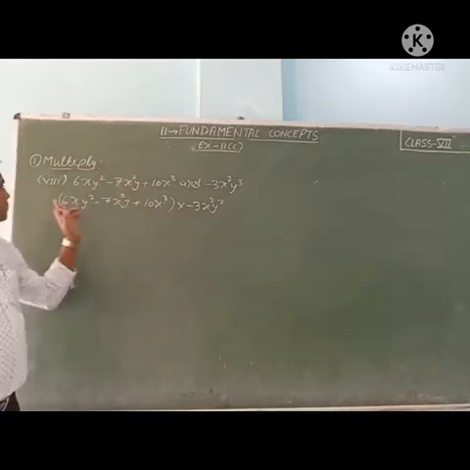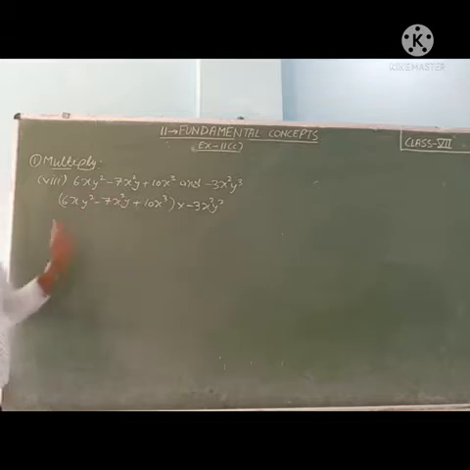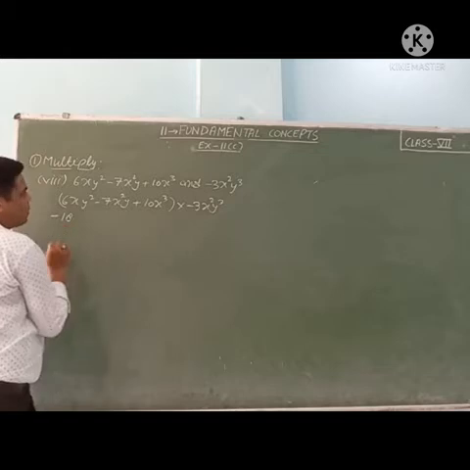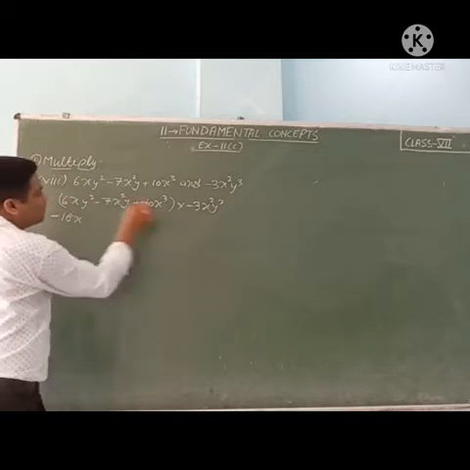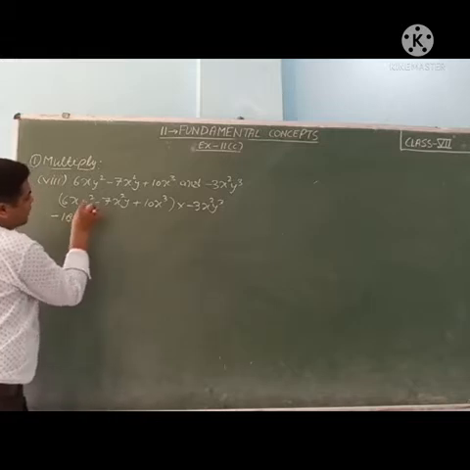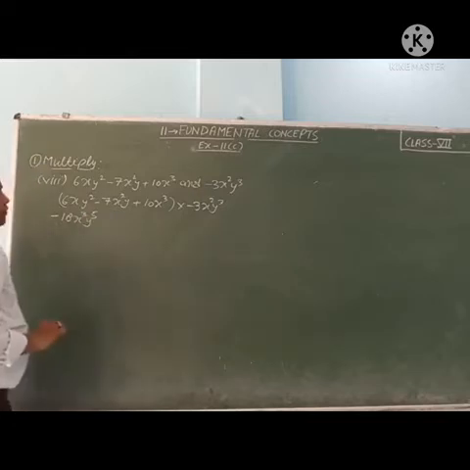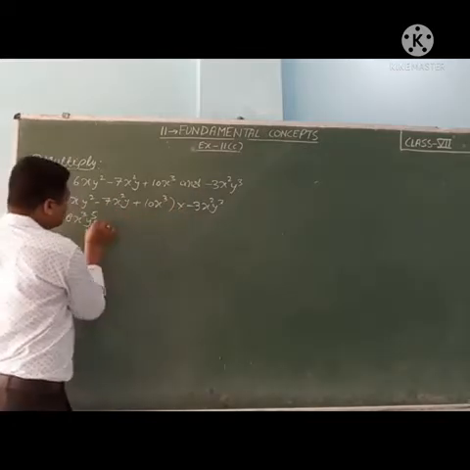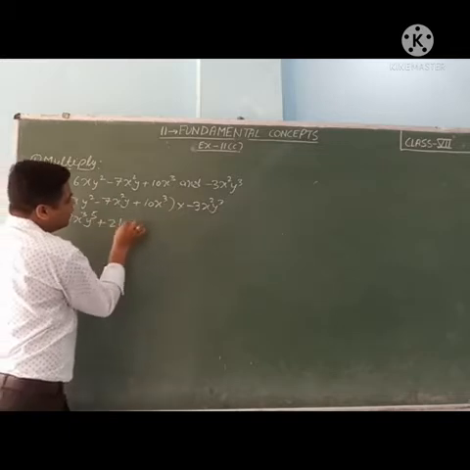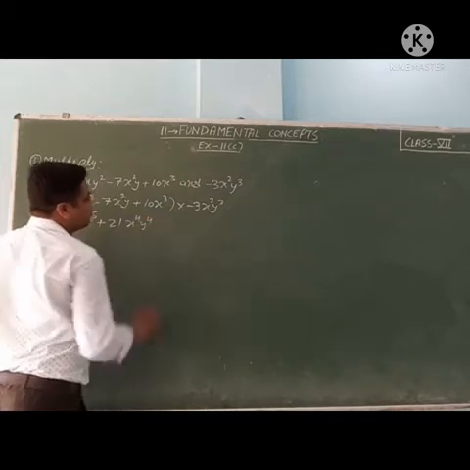So minus times plus, because 6xy square is positive, minus, 3 times 6 is 18. About x, here power 1, here power 2, it means 3. Then about y, here power 2, here 3, it means 5. Then minus minus plus, 3 times 7 is 21, x raised to the power 4, y raised to the power 4.